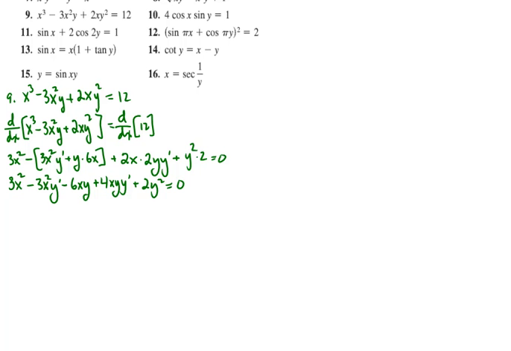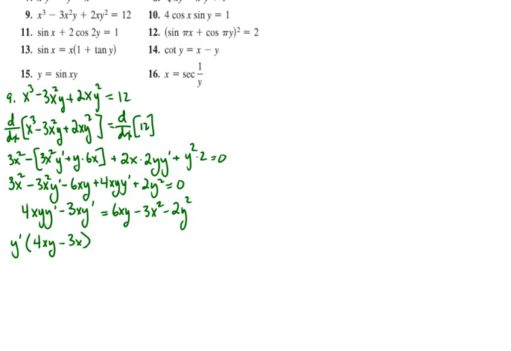And that's 4xy y prime minus 3x squared y prime. I'll move to the other side the negative terms first, so I'll move 6xy across, and then minus 3x squared and minus 2y squared. On the left side, I factor out the y prime, leaving y prime times the quantity 4xy minus 3x squared.